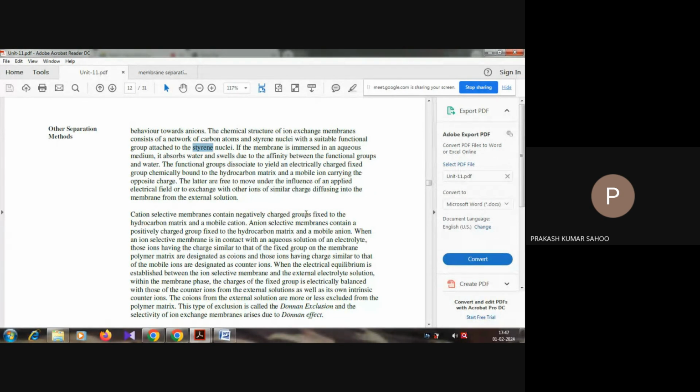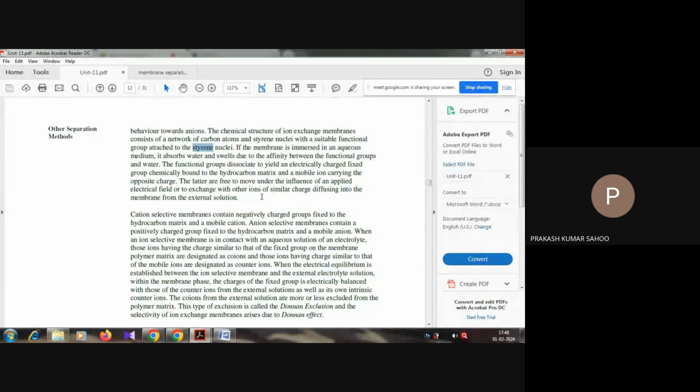If the membrane is immersed in an aqueous medium, it absorbs water and swells due to affinity between the functional group and water. So when these exchangers are used for separation or purification, water gets absorbed, it will swell up, and there will be affinity towards some functional groups and also for the water.